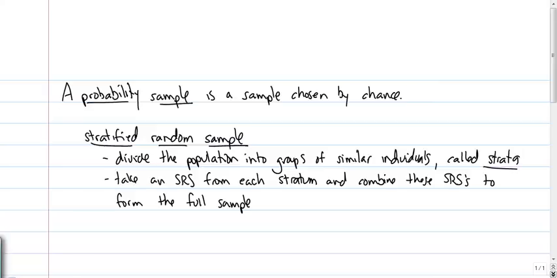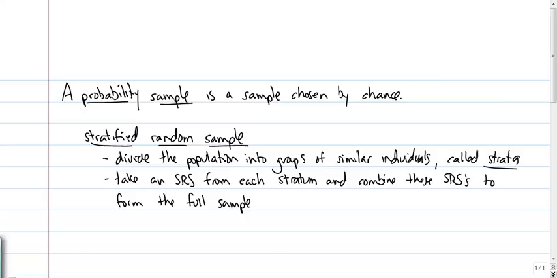However, some of the drawbacks might include the fact that when we take our sample, we might be leaving out a particular group. We might be leaving out the freshmen. So there might be some issues with that. If I were to take a stratified random sample, what I would do would be to divide the school's population up into 4 groups: freshmen, sophomores, juniors, and seniors.